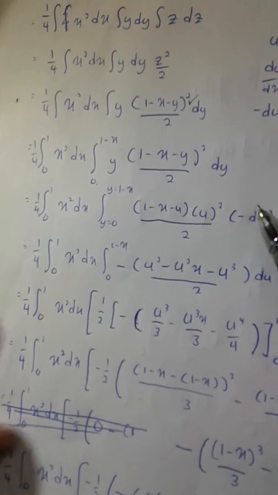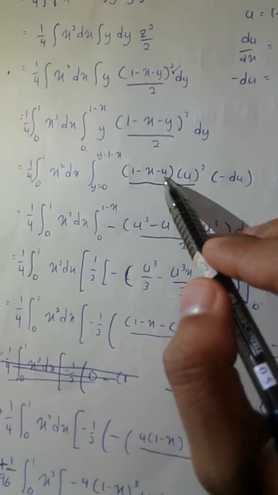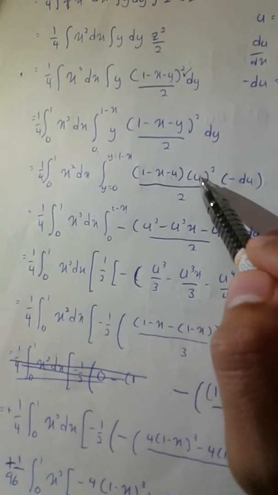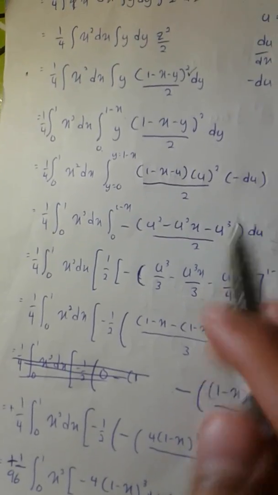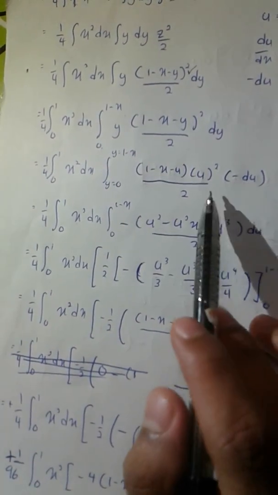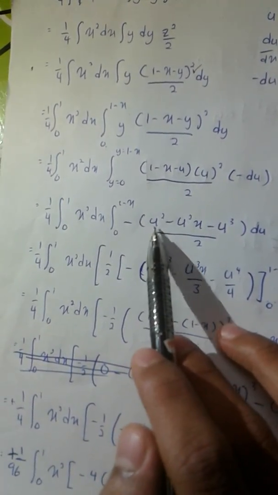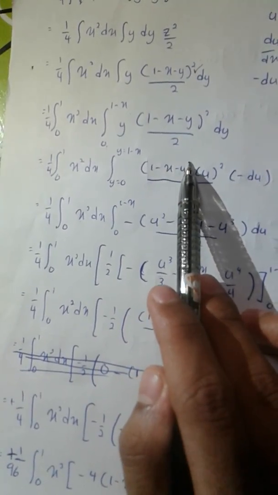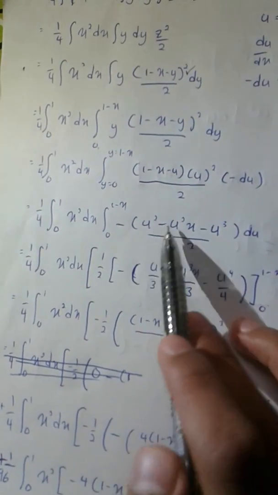We use the substitution method and we get 1 minus x minus u times u squared and the negative du. Then we move the negative to behind the equation, and we expand the u squared into this bracket. Then we get this equation.